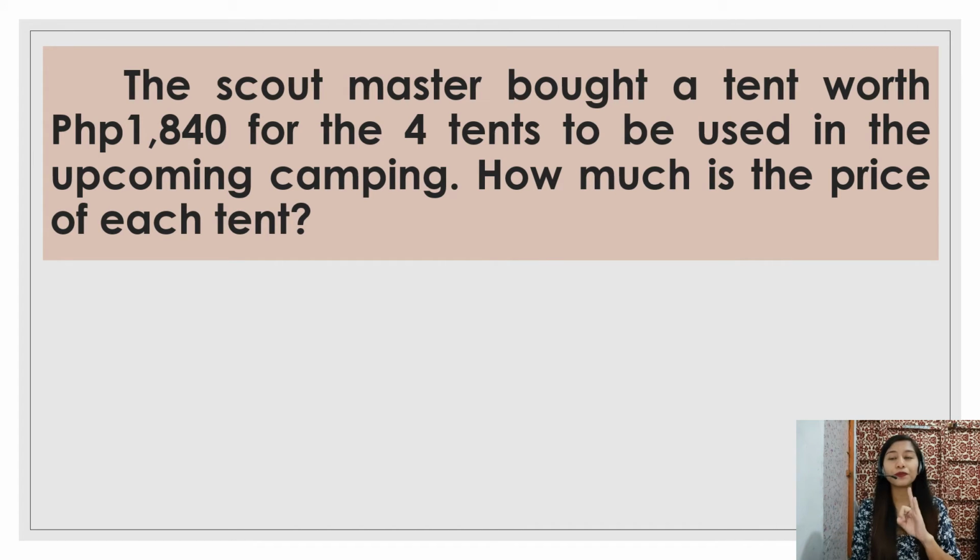Number 2, what are the given? Number 3, what operation to be used? Number 4, what is the number sentence? Number 5, perform the operation or solve or the solution. And the number 6 is write your answer. So this one, we won't need to write the step by step. We simply divide it. Okay?